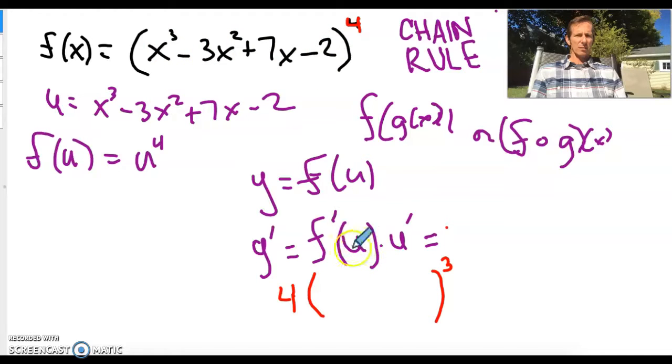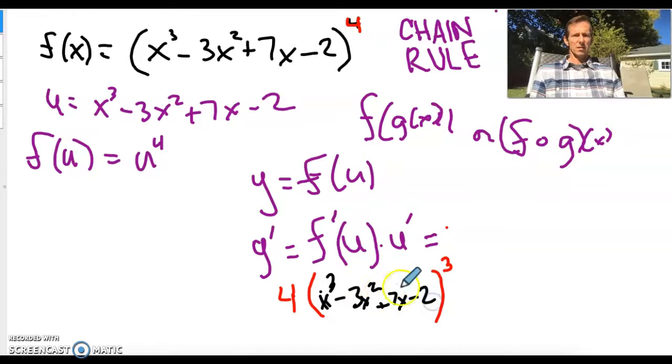I didn't change that. My u value is still in there. u is equal to this whole expression. So inside this is still x cubed minus 3x squared plus 7x minus 2. That's all living inside of that first piece.